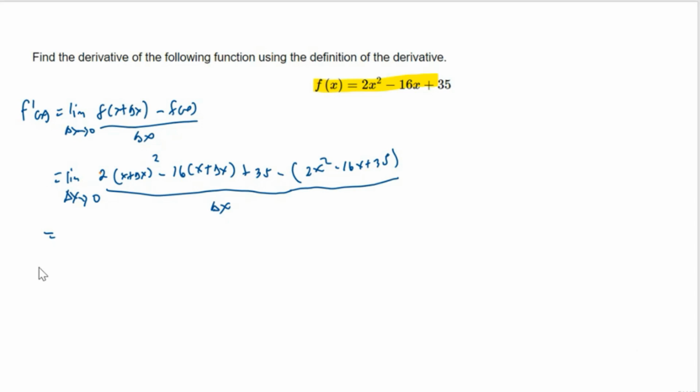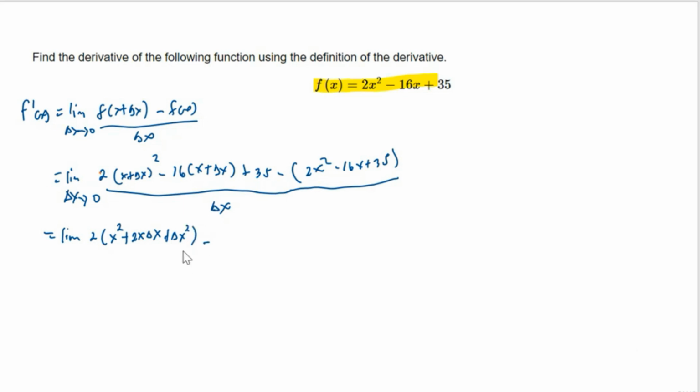Now simplifying the numerator, we have 2 times the square of the binomial x plus delta x, which gives x squared plus twice the product of the two terms, 2x delta x, plus the square of the last term, delta x squared. Close parenthesis.